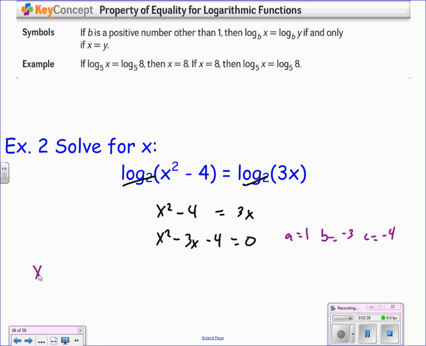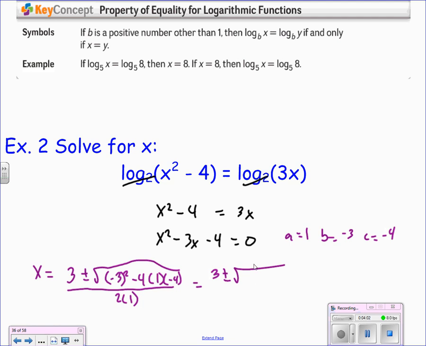So the quadratic formula is opposite B, so that means plus 3, plus or minus the square root of B squared minus 4 times A times C, all over 2 times A. So that's 3 plus or minus the square root of, I'm going to do most of what I can without a calculator, 9 plus 16, over 2.